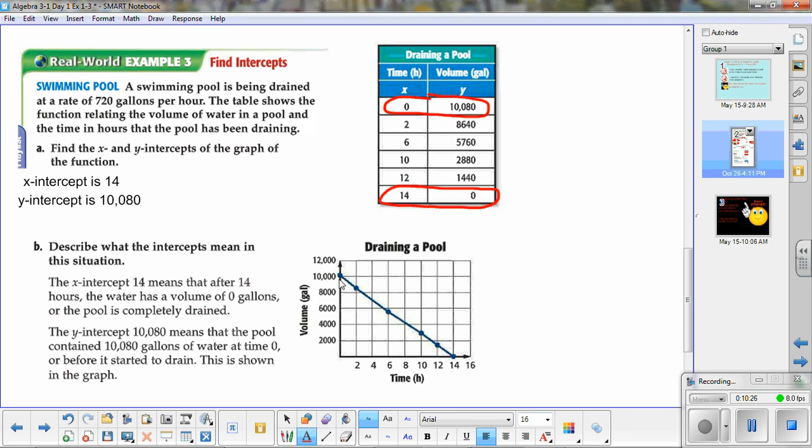The y-intercept of 10,080 is how much water was in the pool before it started to drain. So the x-intercept tells you how long it takes for the pool to be empty, and the y-intercept tells you what the pool was at before you started to drain it.